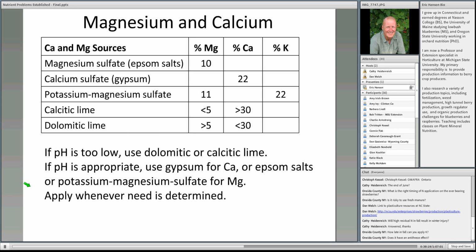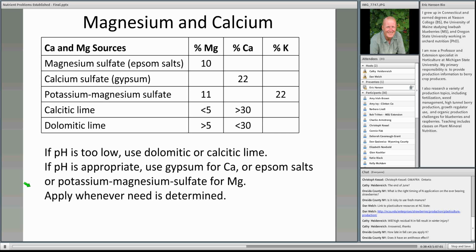Magnesium and calcium. Here, sources vary from magnesium sulfate, Epsom salts, calcium sulfate or gypsum, potassium magnesium sulfate, and then calcitic or dolomitic lime.